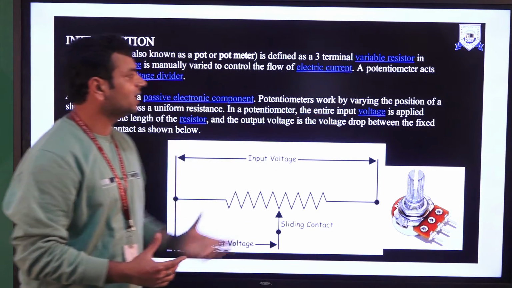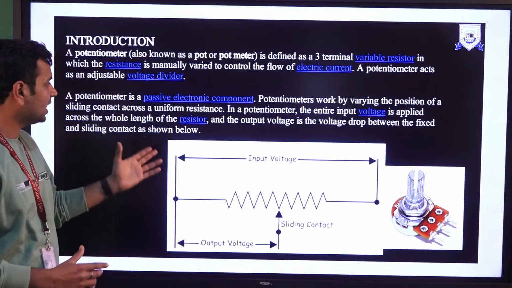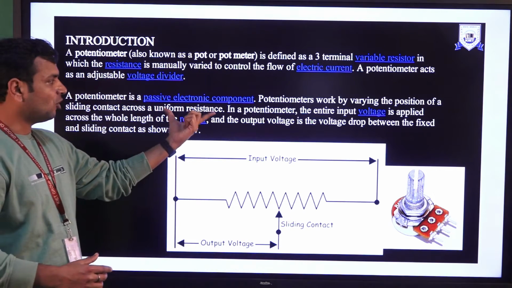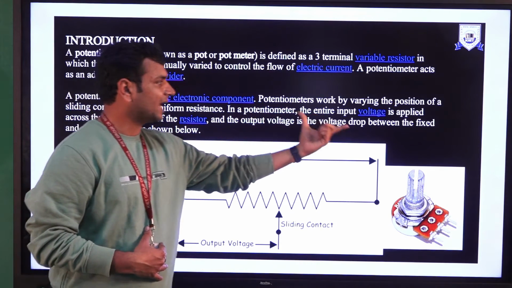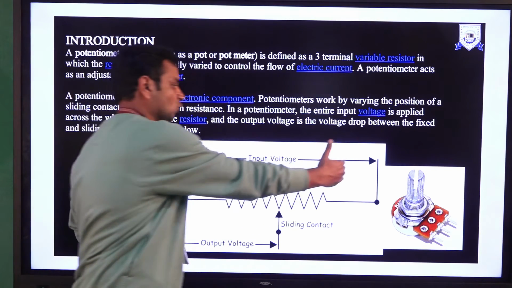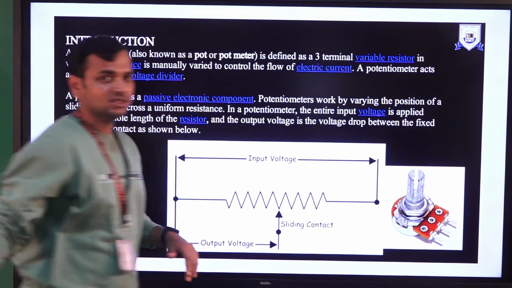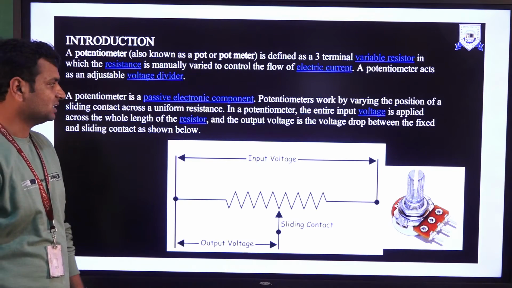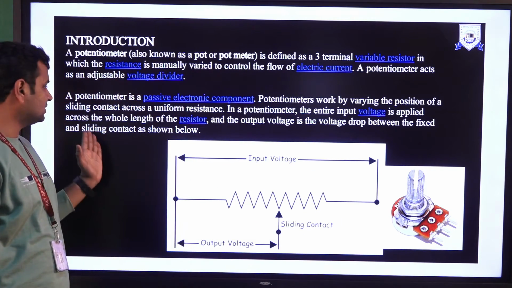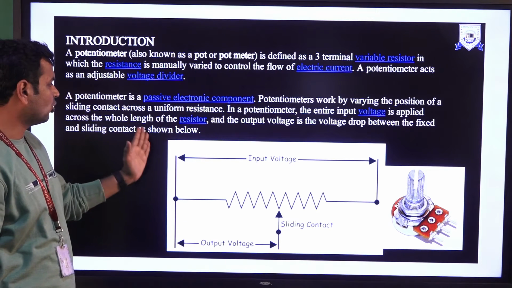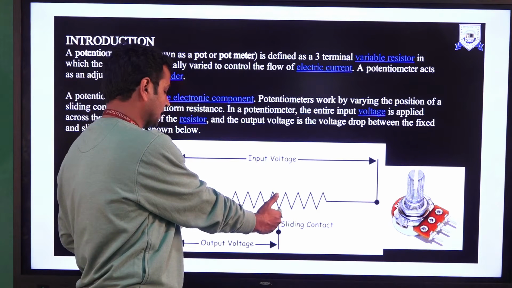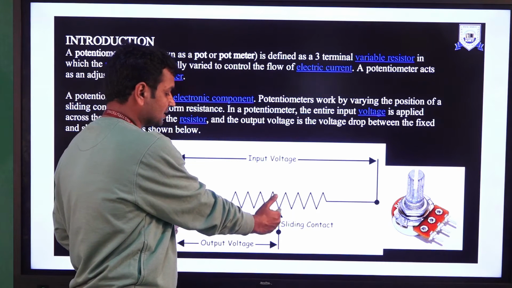Potentiometer works by varying the position of the sliding contact, like this is the sliding contact on the resistor, over a uniform resistance. In a potentiometer, the entire input voltage is applied across the whole length of the resistor, and the output voltage is the voltage drop between the fixed and the sliding contact as shown below.